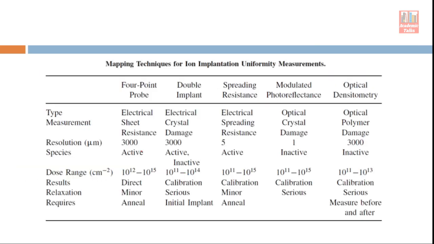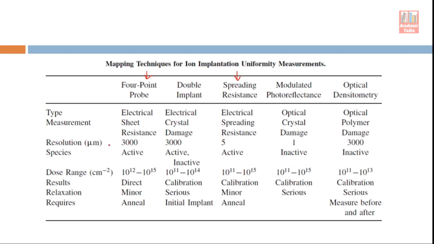Now you will see here there are many techniques which you can use to do resistivity profiling. These techniques are compared here. The four probe is here, and the spreading resistance is here. These other techniques maybe you have not seen, but the four probe method you already know, and spreading resistance you know. The first three techniques are electrical, and the last is an optical technique.